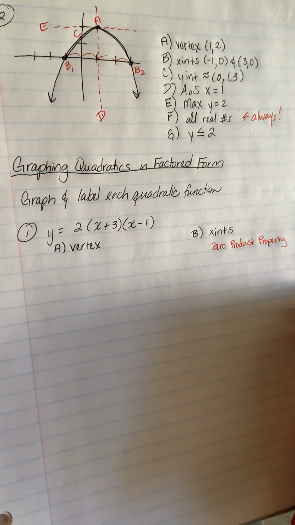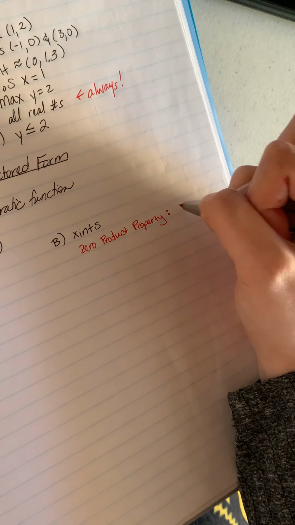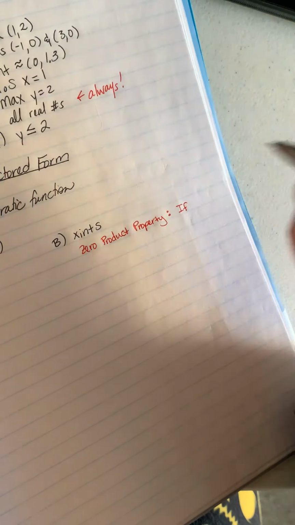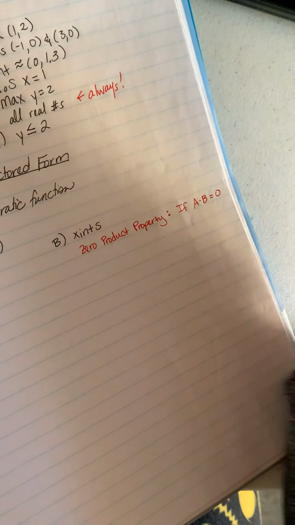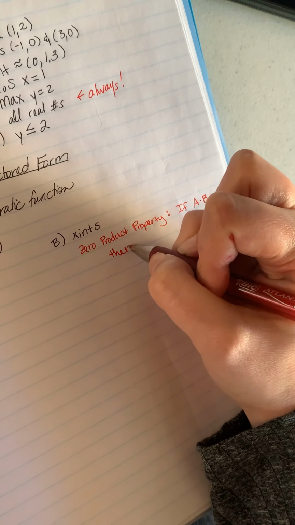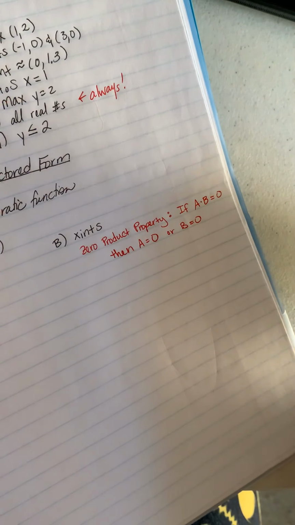The zero product property states that if two things are multiplied, if A times B equals 0, then A equals 0, or B equals 0.